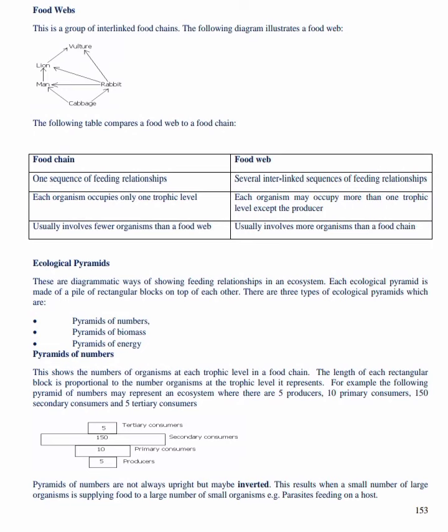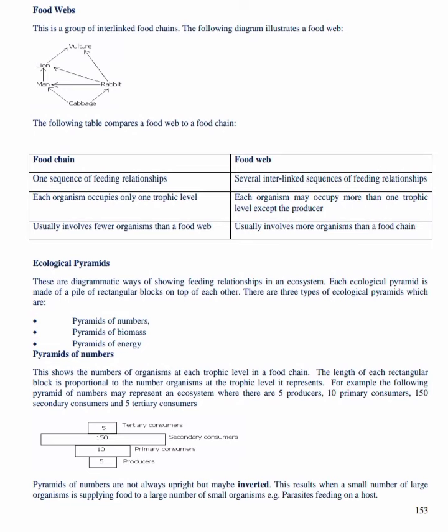In this case, the length of each rectangular block shows us the number of organisms in that particular trophic level. The longer it is, the more organisms we have in that trophic level. The shorter it is, the fewer organisms in that trophic level. We have a very good example here with 5 producers, 10 primary consumers, 150 secondary consumers, and 5 tertiary consumers.